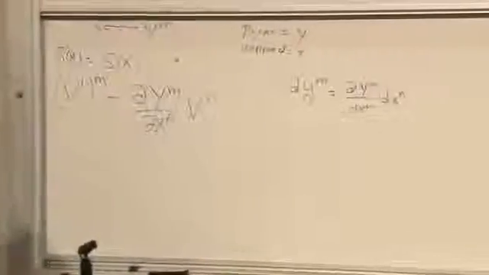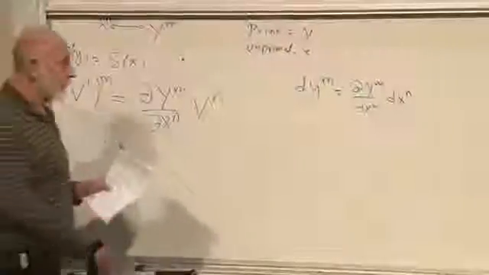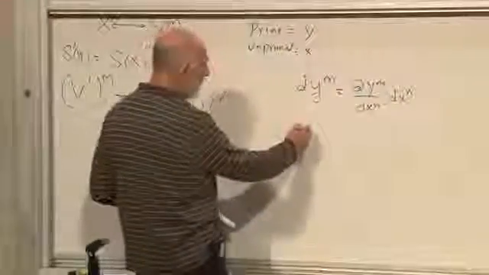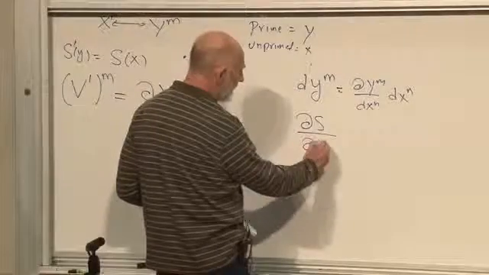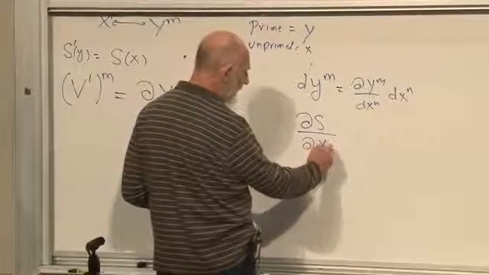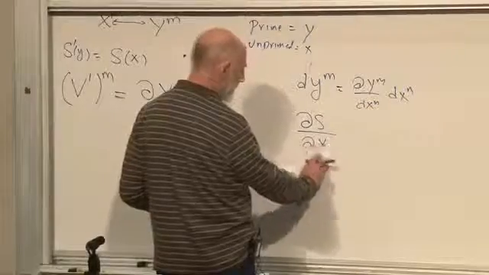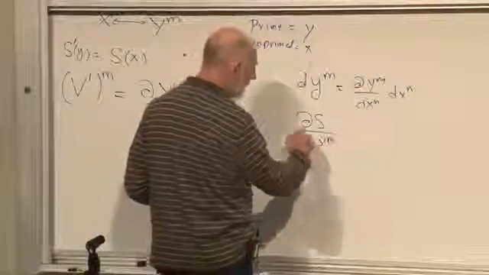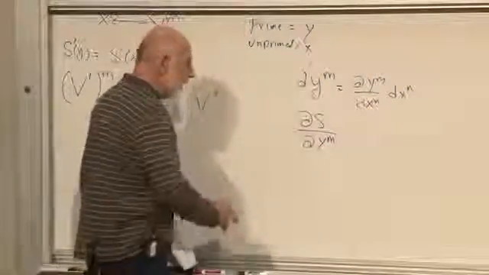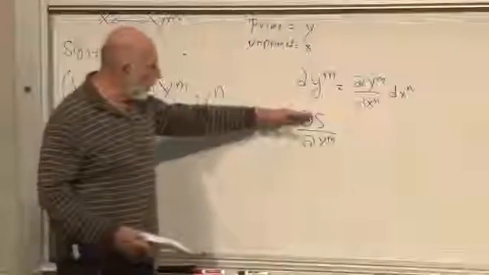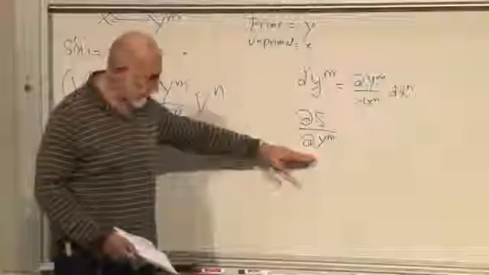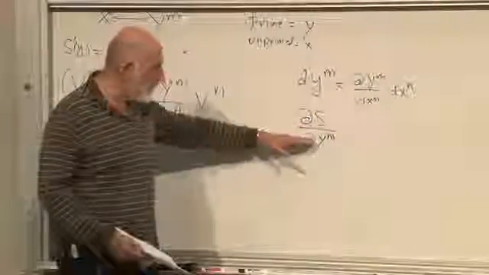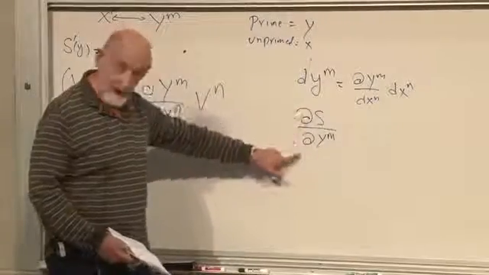A covariant component of a vector would be, for example, if you have a scalar s and you differentiate it with respect to y^m. This becomes the primed component of a covariant vector, or the primed covariant component of the gradient vector.